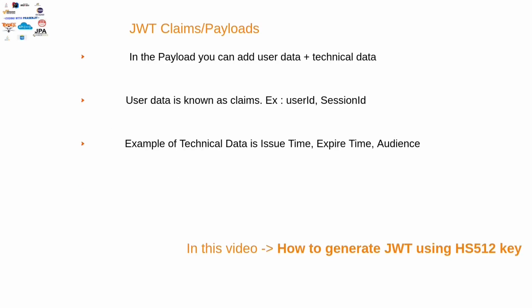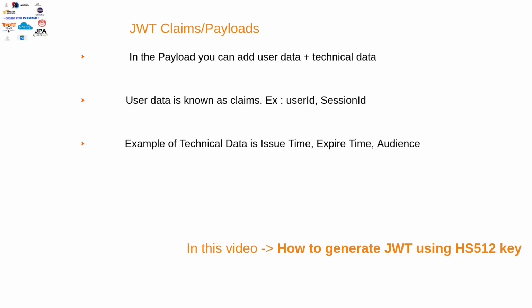Now let me explain JWT claims and payload. In the JWT structure, I have shown you that the second part is the payload, or claims. In the payload you can add user data plus technical data.